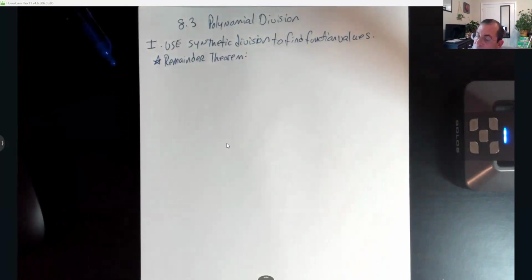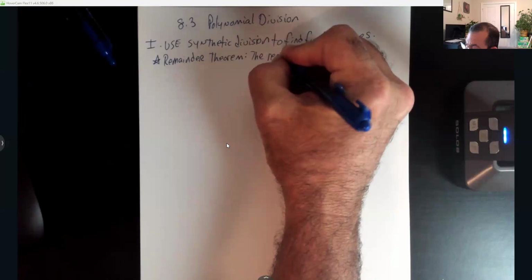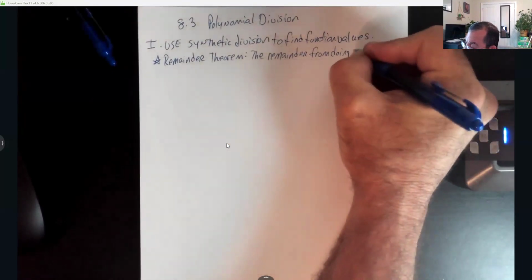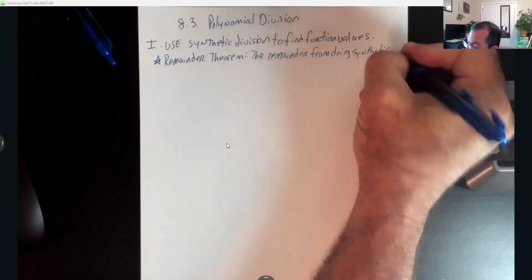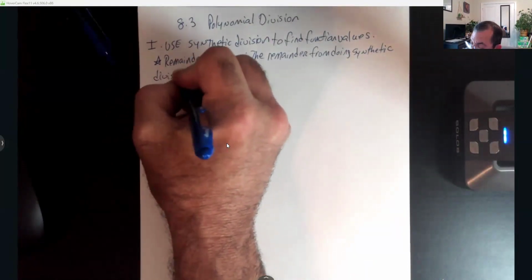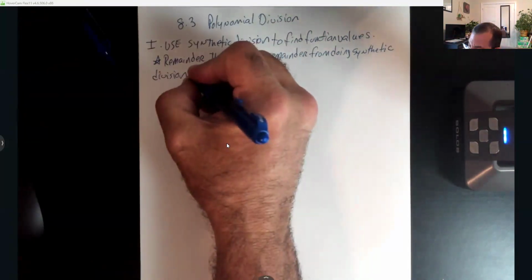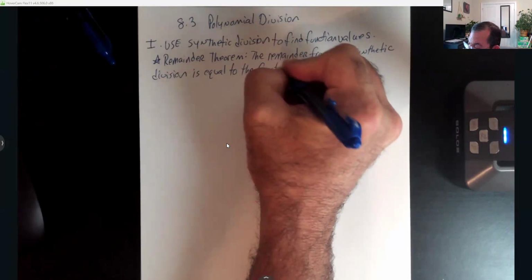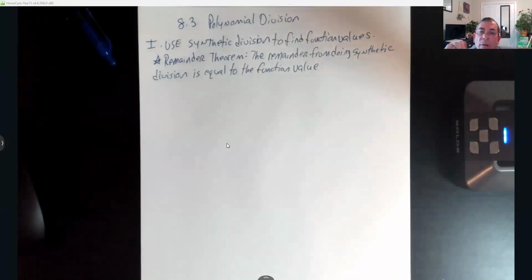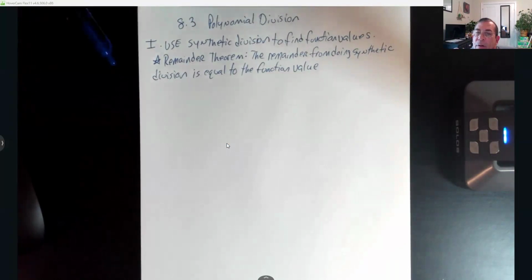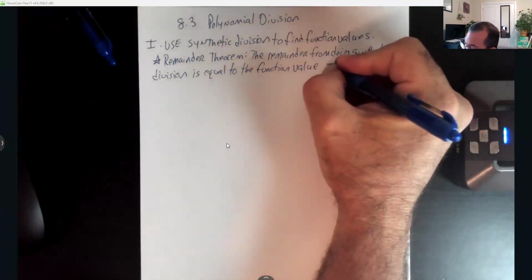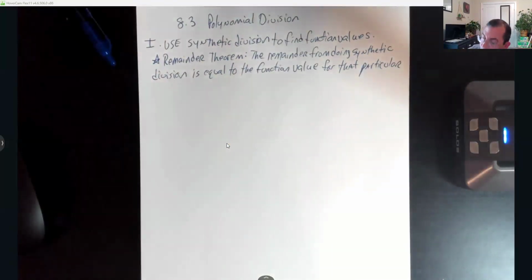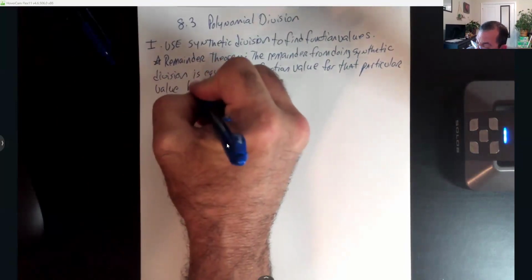And y'all, the remainder theorem just tells us that the remainder from doing synthetic division is equal to the function value for that particular value being evaluated.